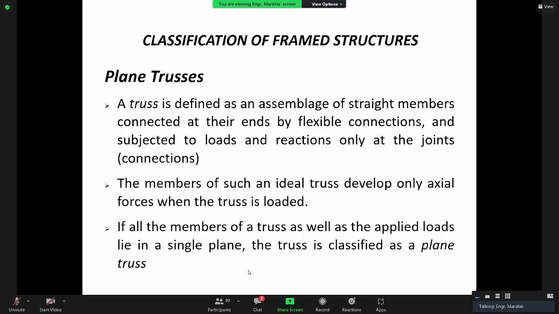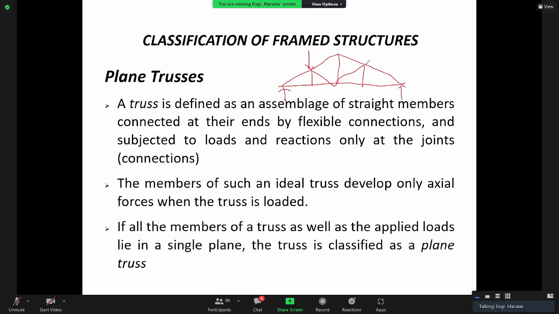it will only develop axial forces, no? Or axial stresses. No? If all the members of a truss as well as the applied loads lie in a single plane, well, the truss is called a plane truss. Okay? So two-dimensional truss. No? For example, it lies in a plane. So this is an example of a truss. So there are loads and reactions at the joints.